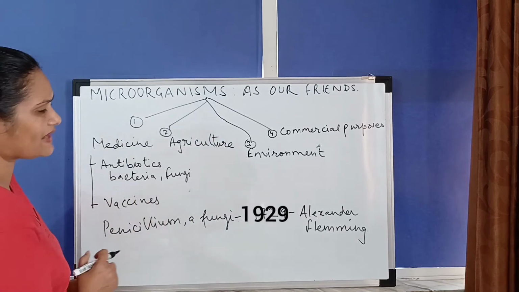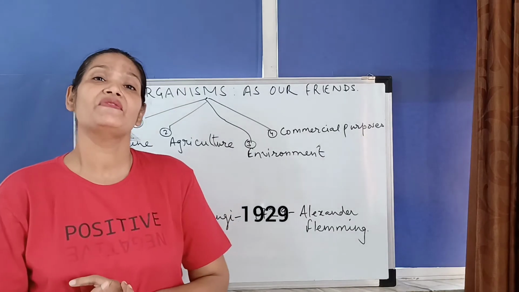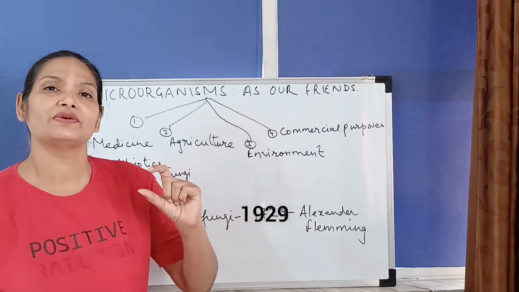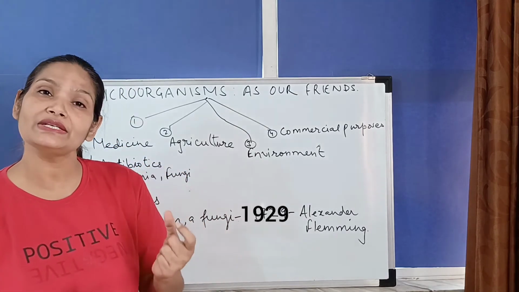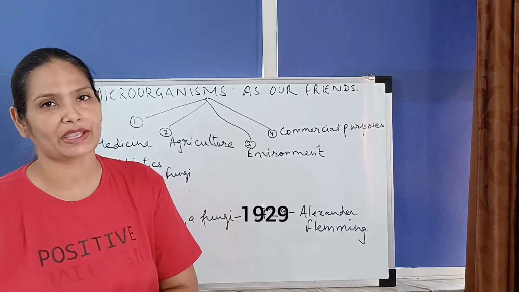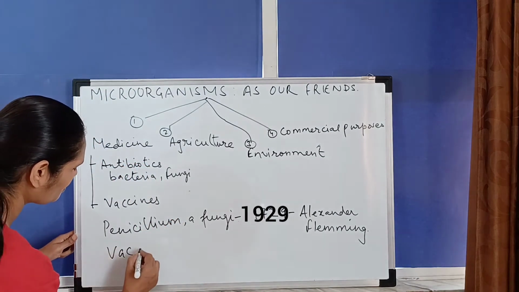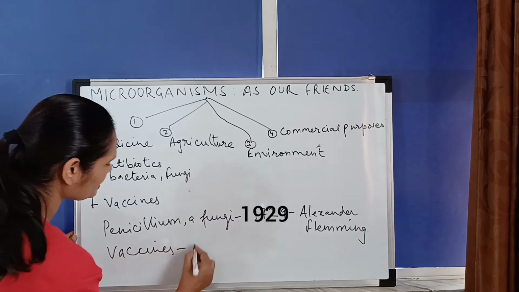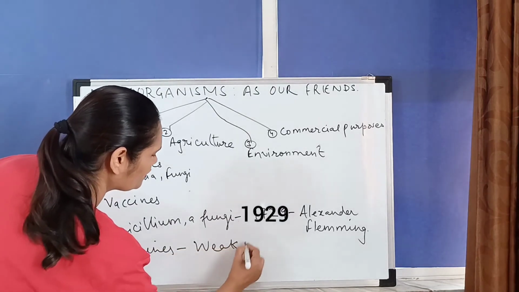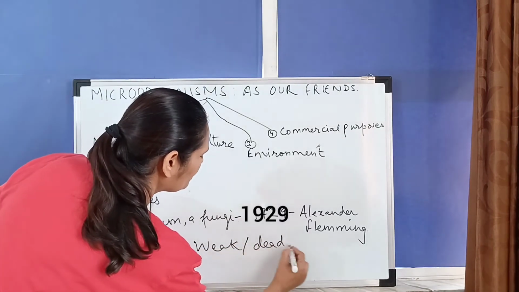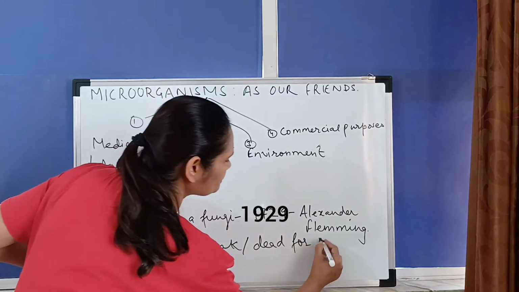Now the second is vaccines. What are vaccines? Vaccines are basically the weakened or dead form of microorganisms, weak or dead form of microbes.